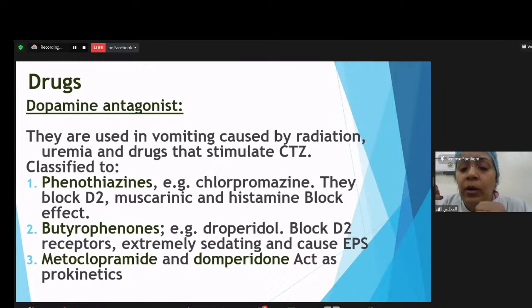Okay, so when I'm speaking about dopamine antagonists, you always have to think about that balance. If you exceed the block, if this block has been sustained for a long time, you might cause a Parkinson-like effect. You have to always think about that. These Parkinson-like symptoms are called extrapyramidal symptoms.